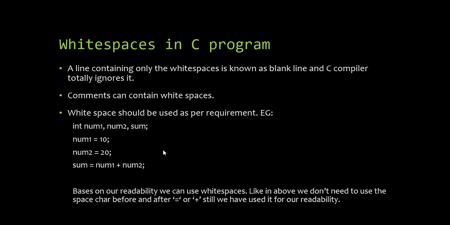Like in the above, we don't need to use the space character before or after the equal sign and the plus sign. Still we have used it as per our requirement. So it is allowed to give space as per our requirement. These spaces get ignored, but for our readability, it is good to have this kind of space in our program statement.